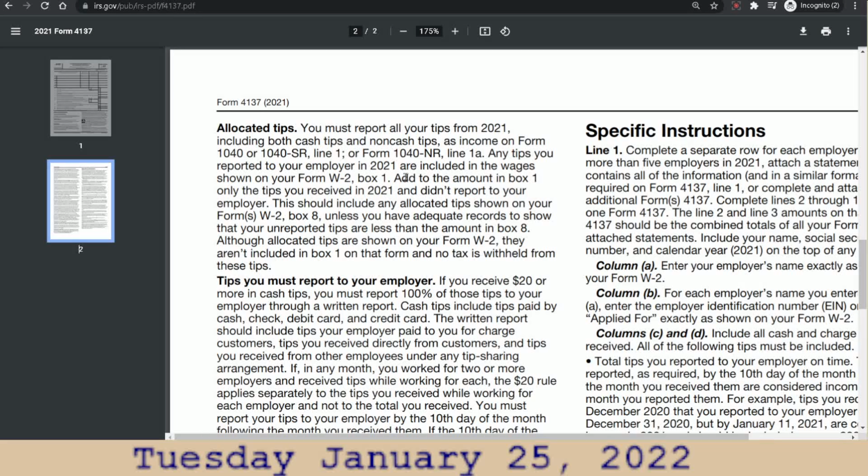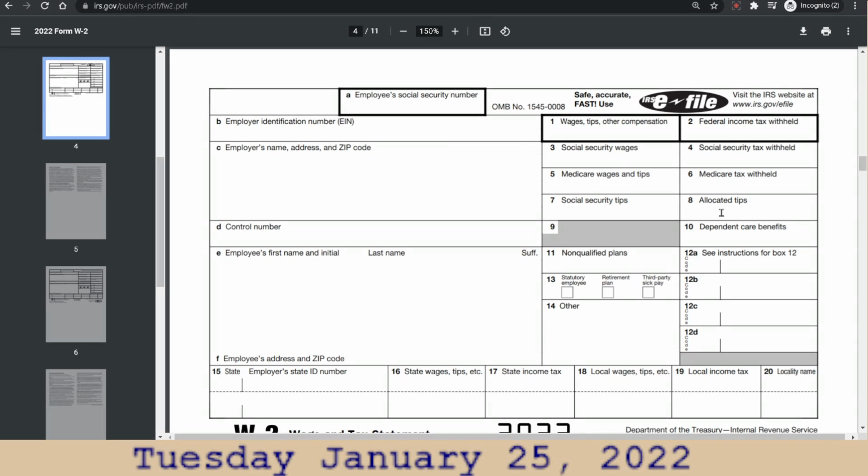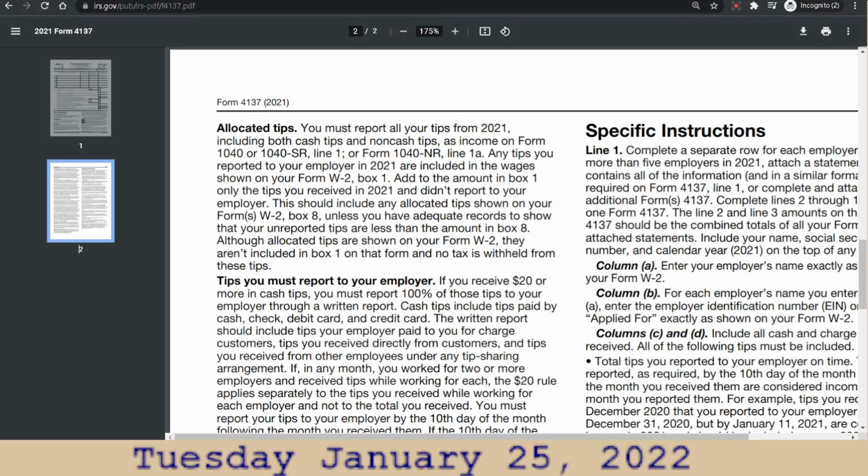W-2 Box 1. Add to the amount in Box 1 only the tips you received in 2021 and did not report to your employer. This should include any allocated tips shown on your Form W-2 Box 8, unless you have adequate records to show that your unreported tips are less than the amount in Box 8.